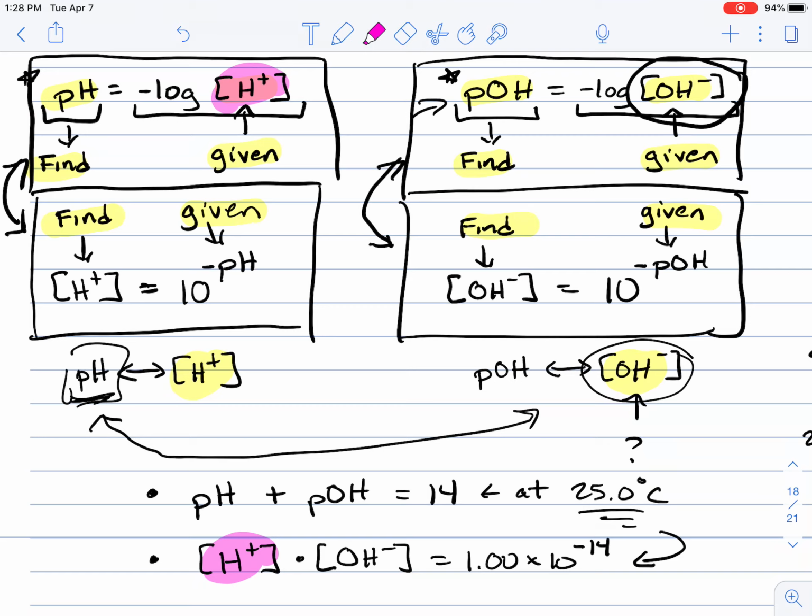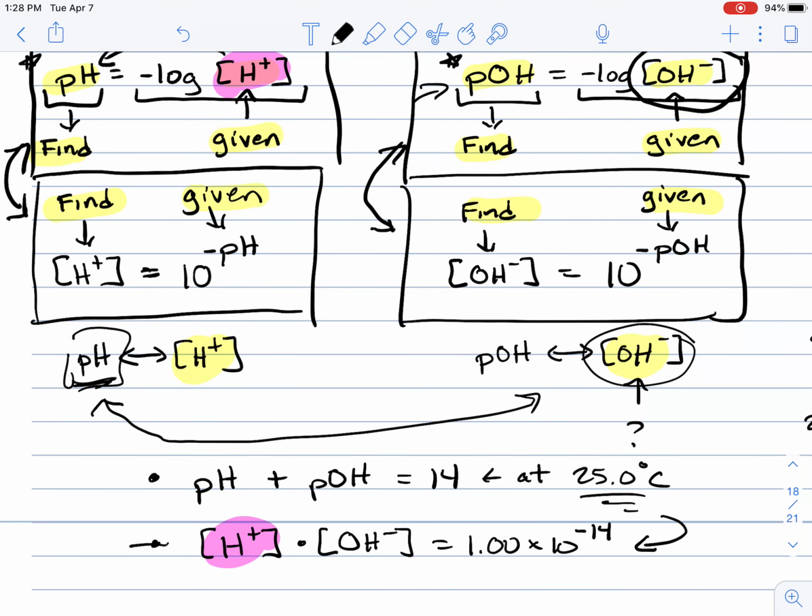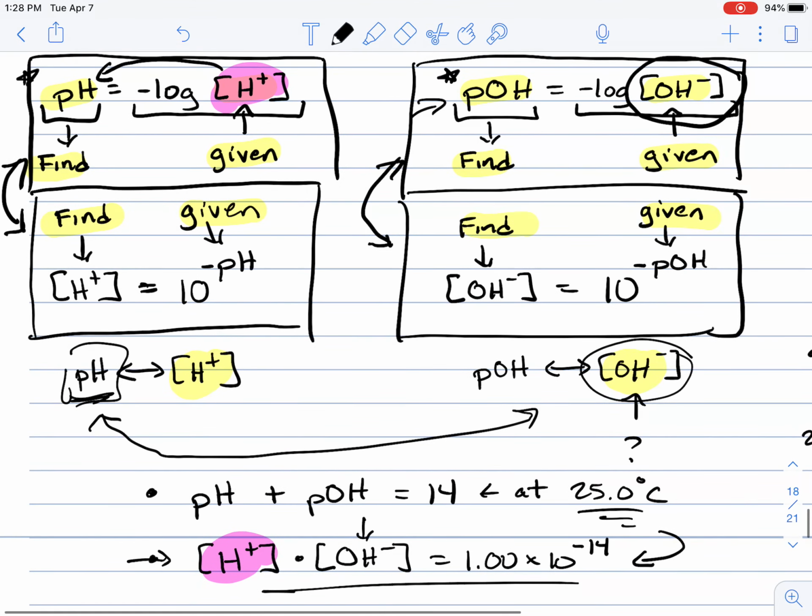Now, notice that if I look at the left-hand side, the equation presented at the top left corner, I can easily solve for the pH since the concentration of hydrogen ion was given. If you look at the bottom equation, notice that there's no pH over here. Technically, I can solve for the concentration of hydroxide, but we'll just do that at a later time.